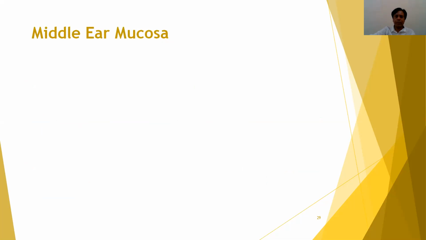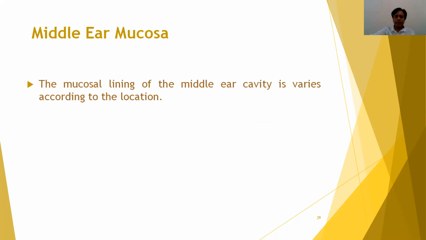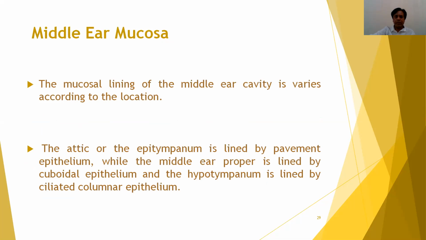Then middle ear mucosa. The mucosal lining of the middle ear cavity varies according to the location. The attic or the epitympanum is lined by pavement epithelium, while the middle ear proper is lined by cuboidal epithelium and the epitympanum is lined by ciliated columnar epithelium.